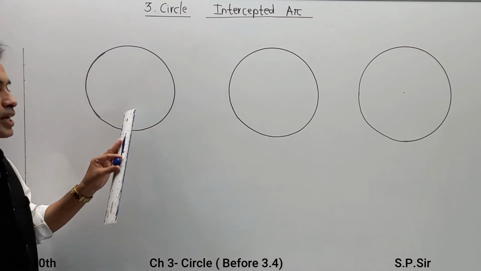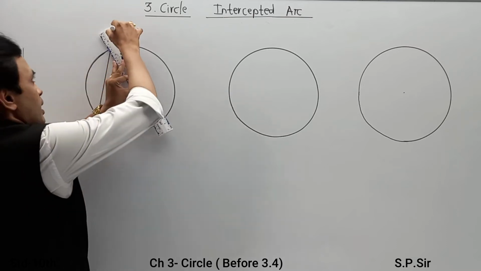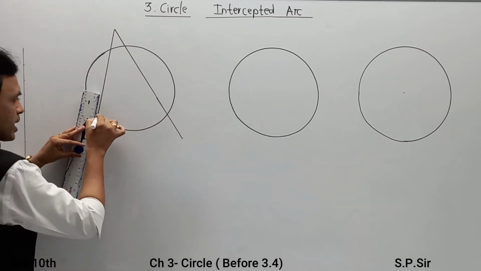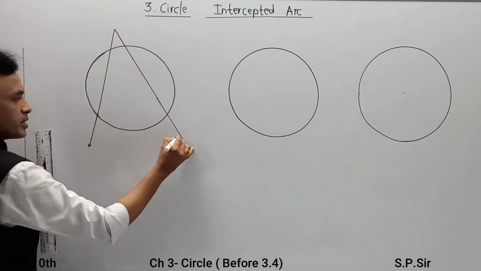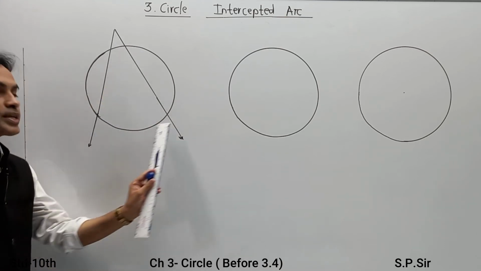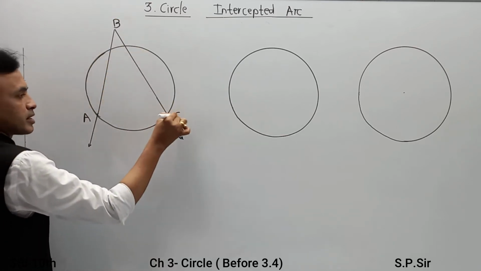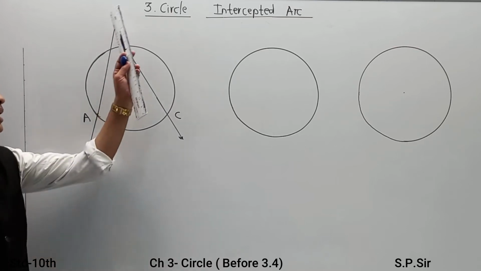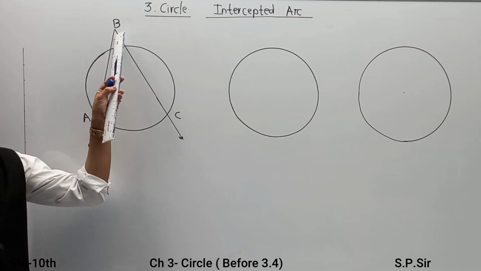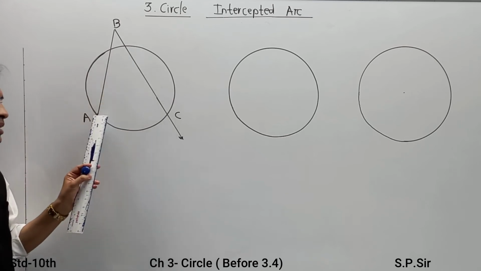Now let us say in the first diagram an angle is going to be formed. This angle is formed in such a manner that two arcs are intercepted by angle ABC, one a small arc and the second a larger arc. If you observe angle ABC, this angle is formed outside the circle, and there is one minor arc and a second major arc.